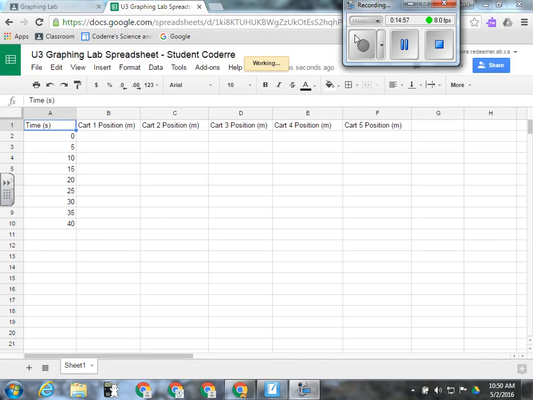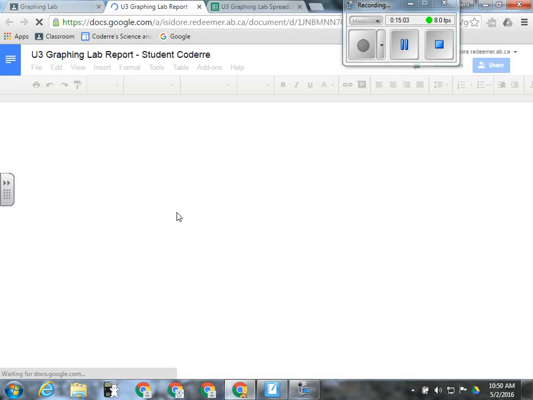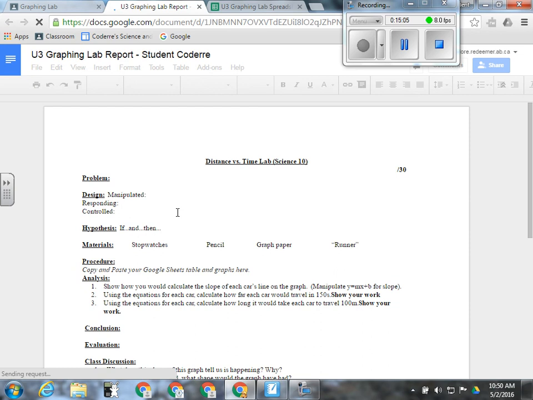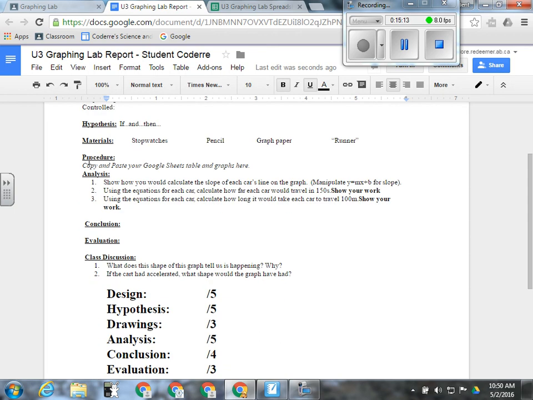Okay, listen up here, guys. So, couple of things that need to go into your graphing lab report. First off, obviously the graph with all four carts in it, but also the data chart. So you can see here in procedure it says copy and paste your Google Sheets table and graphs here.